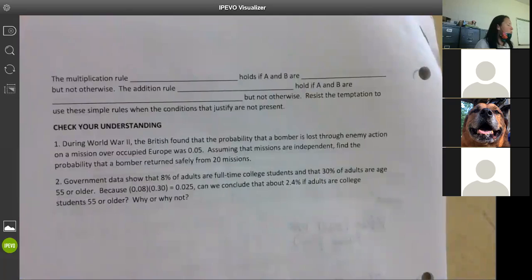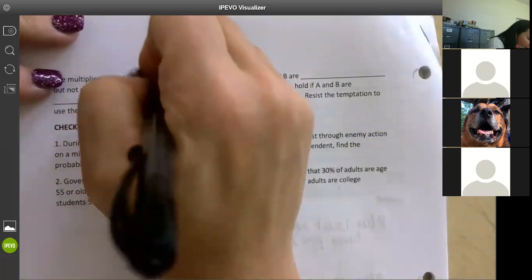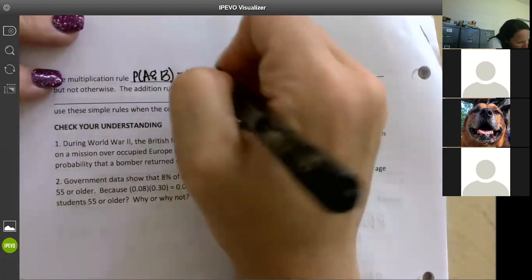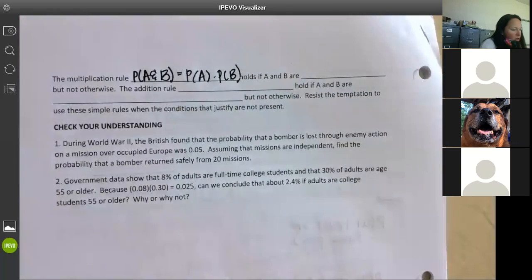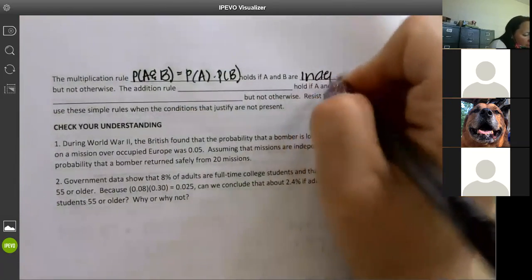The multiplication rule: the probability of A and B is the probability of A times the probability of B, holds if A and B are independent, and only if they are independent.